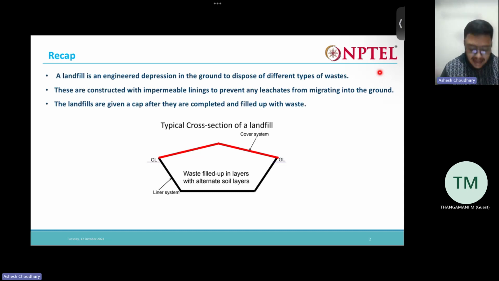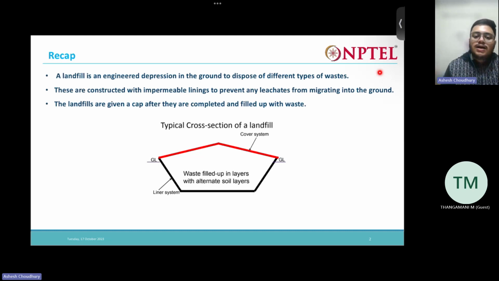As I said, the landfills are given a cap after they are completed and filled up with the waste. Generally, there is a specified amount that you can fill in a particular landfill.